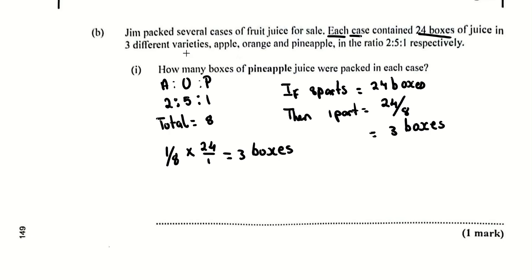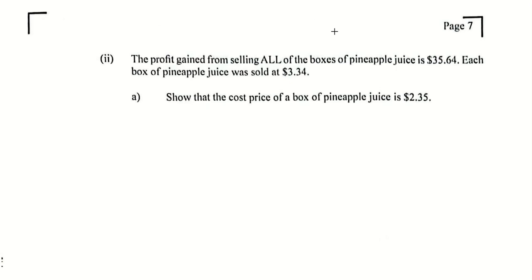Right now, the question told you that Jim packed several cases. So what you have to understand is, if we check this out, you would realize that there's no way that you can get a profit of $35.64 if we're looking at only the 3 boxes. So if I said, we know that 1 box is $3.34. Let's look at this.